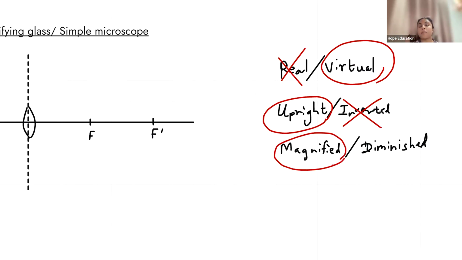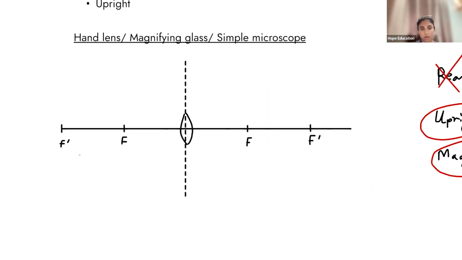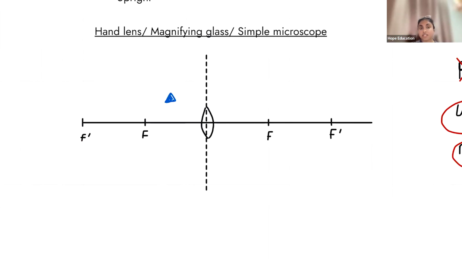Matching these properties, where should I position the object? Because we have learned a few ray diagrams, right? Object between the lens and focal point, on the focal point, between F and F dash, on F dash, beyond F dash.